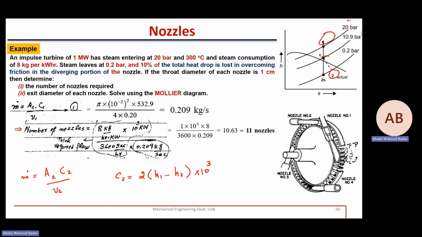And here nozzle efficiency is given. Yes, you can do it from HC also. You will write HC minus H2.